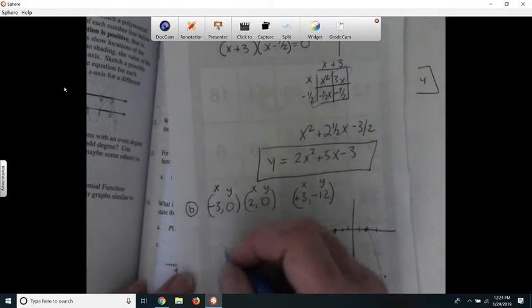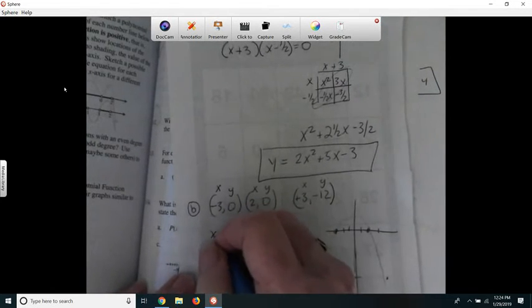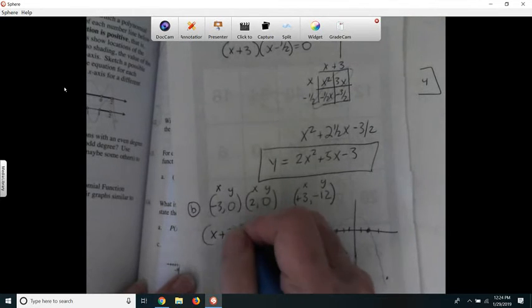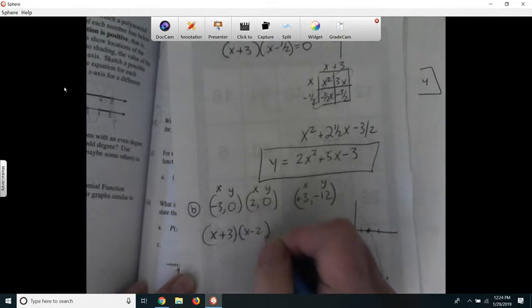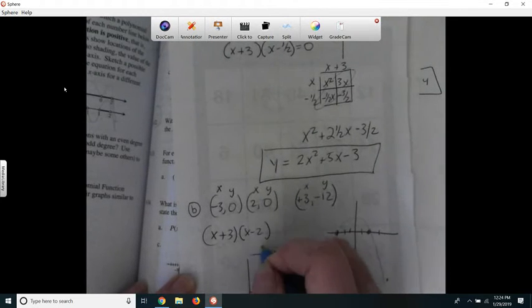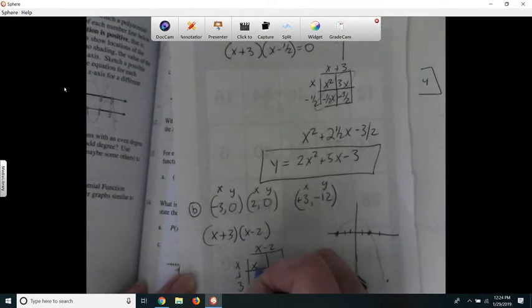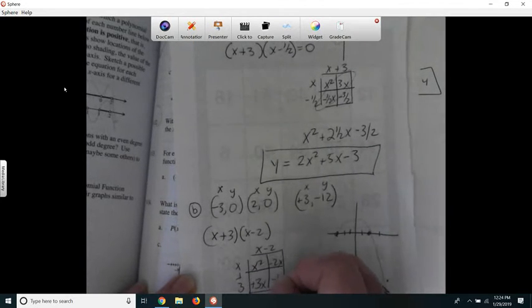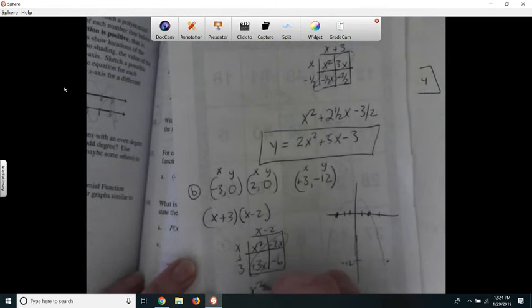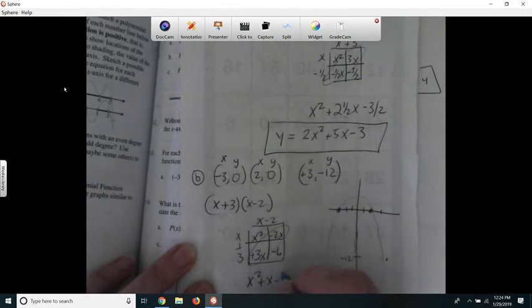I'm going to go ahead and do this though. This was x plus 3, and this was x minus 2. And we got x squared minus 2x, 3x, x squared plus x minus 6.